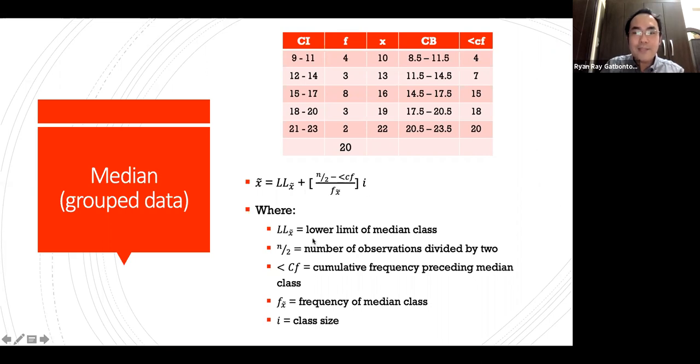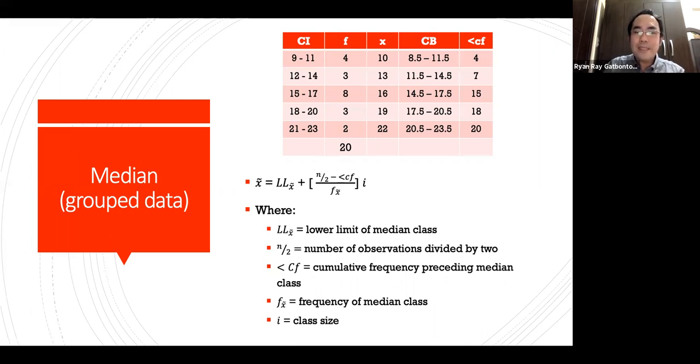So this explains the components of this formula, where LL means the lower limit of the median class, and n divided by 2 refers to your median, or the number of observations divided by 2. Now, this one refers to the cumulative frequency preceding your median class, and f of x refers to the frequency of the median class. All right? While i is your class size.